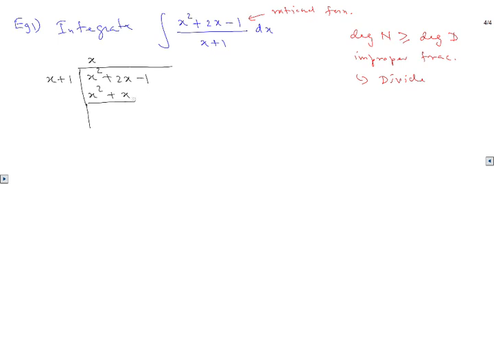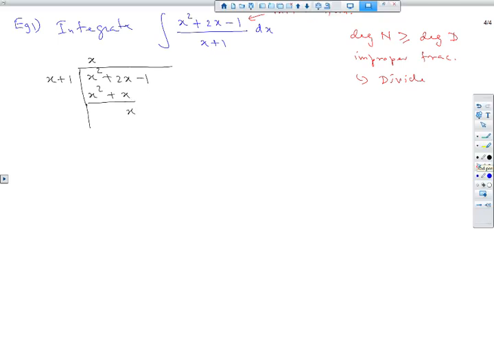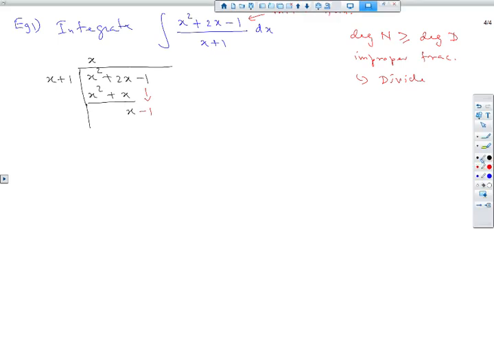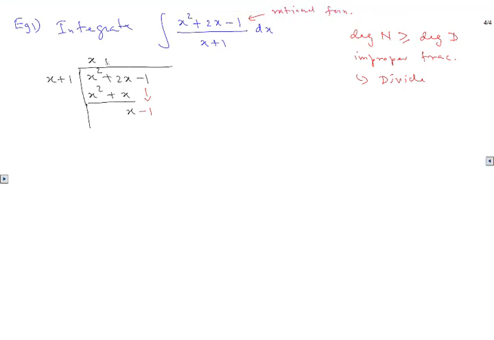Once you subtract them, you're going to get x, and then we pull down the negative, this term here, so it becomes negative 1 now. Now you can see that 1 is the term here, so it is plus 1, because when you look at x and x squared, so it's a 1.